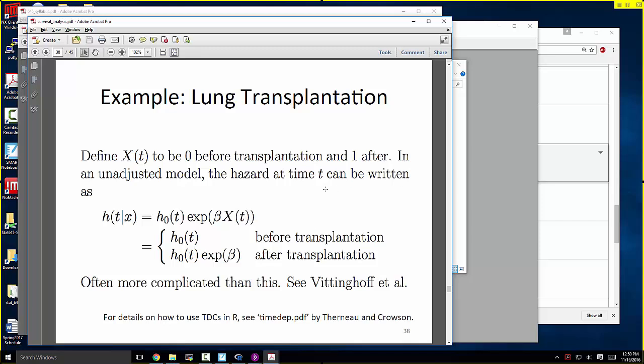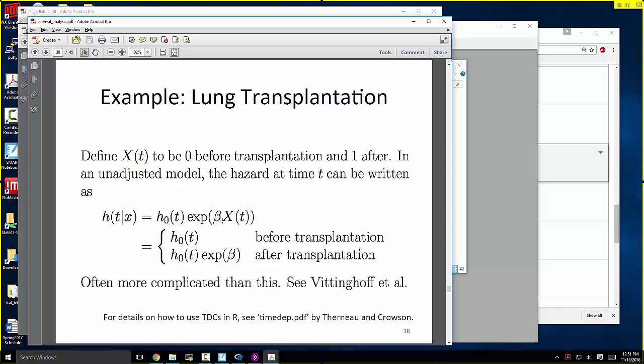So, for example, remember that the Cox model makes this assumption that the hazard, which is evaluated at a time t, and in terms of covariates x, can be factored into this baseline hazard that depends on t but not the covariates, and a linear model term that depends on the covariates but not t.